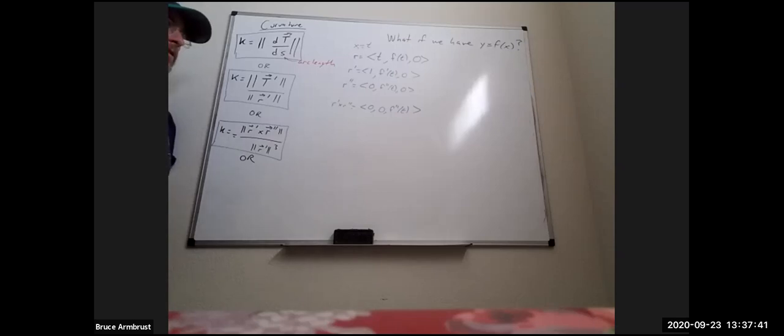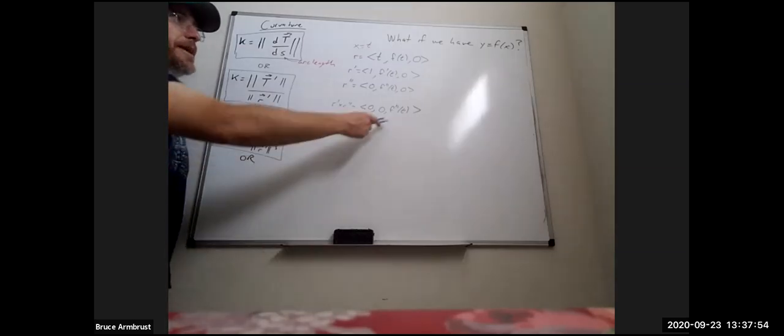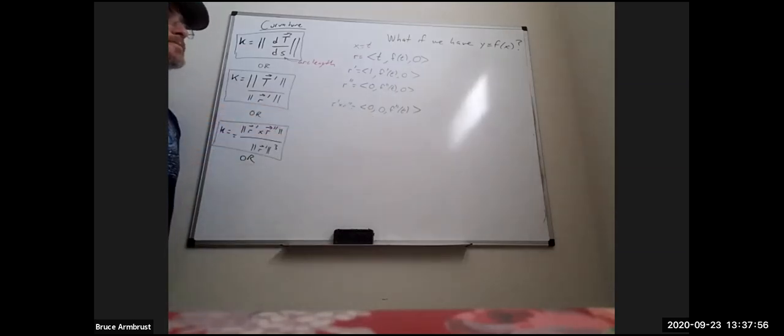So the cross product vector here, just like with that other example, is only in the z direction because it has to be orthogonal to the others, which are in the xy plane. And its component is f double prime.